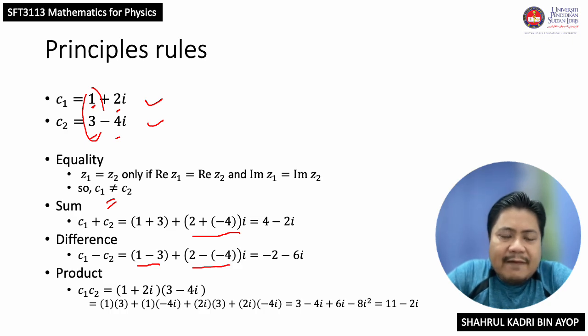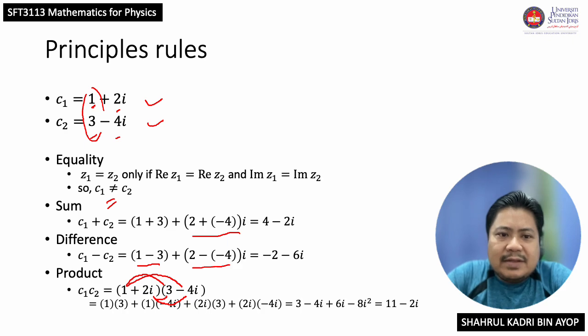Alright, and then for the product of C1 and C2, it is a little bit tricky. That means you have to multiply each part of each complex number. So 1 multiplied by 3 plus 1 multiplied by minus 4i, and then plus 2i multiplied by 3 and plus 2i multiplied by negative 4i.